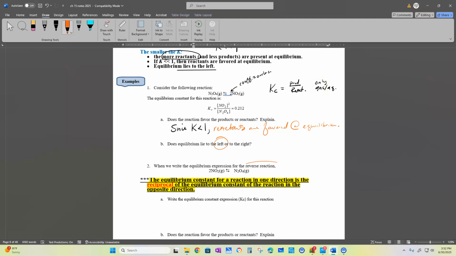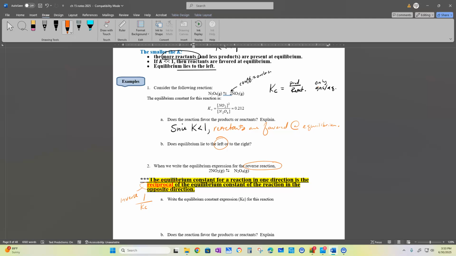So if you reverse the reaction, the equation gets flipped, but the K becomes the reciprocal of that original reaction. So when the reaction gets flipped, you have to take the reciprocal, which is also another way of saying the inverse, 1 over the original Kc value.